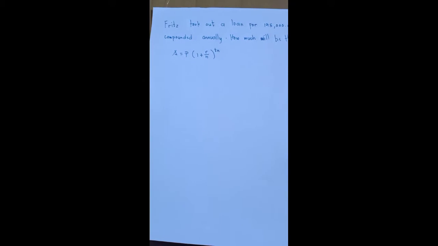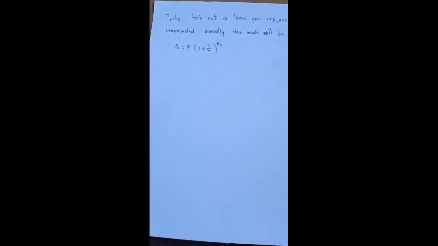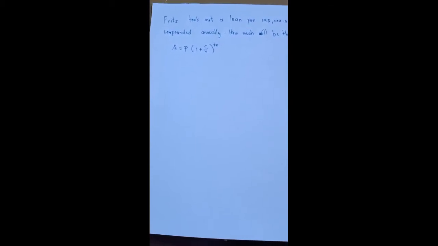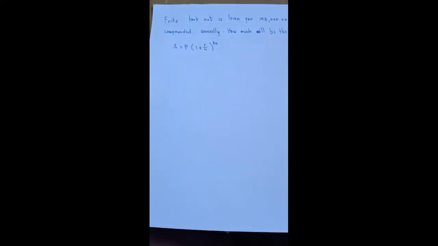How much will the loan be in 5 years? In this question, we need to find the compound interest. The formula will be A equals P times (1 plus r divided by n) to the power of tn. First things first, we need to find the principal.